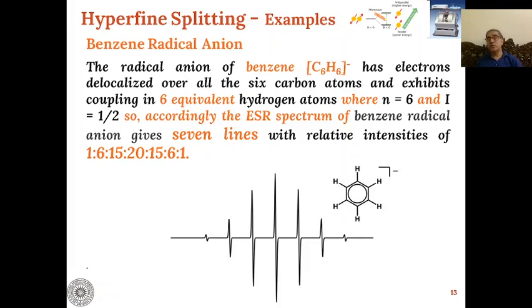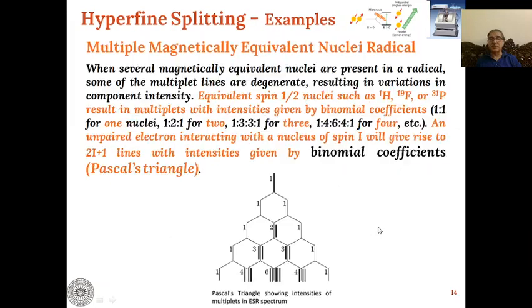Now, in case of methyl radical, CH3 radical, n is 3, and we know that I in case of proton is 1/2. So if we substitute these values, 2 into 3 into 1/2, it comes out to be 3 plus 1, 4. So that means the ESR spectrum of methyl radical will give us four lines, and these are the four lines which are seen in the ESR spectrum of methyl radical.